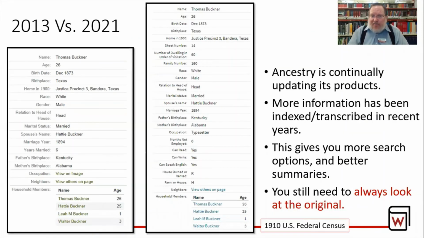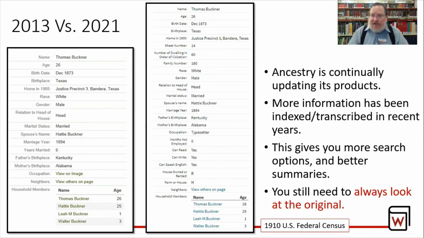One thing we want to point out, as we've been doing beginners classes for a while, is that Ancestry is continually updating its products. More information gets indexed and transcribed from the census over time, and will probably continue to be transcribed, indexed and improved. So this just gives you more search options and better summaries.